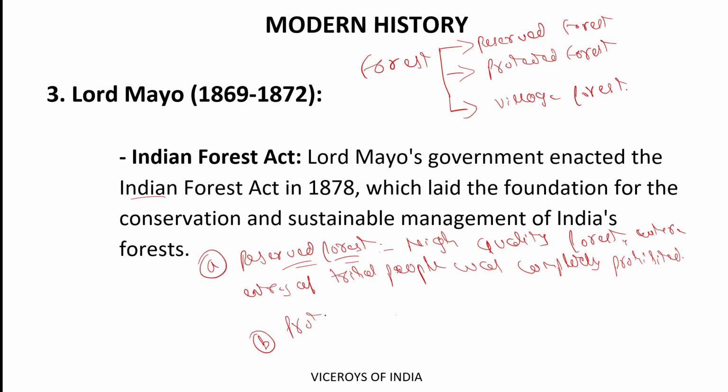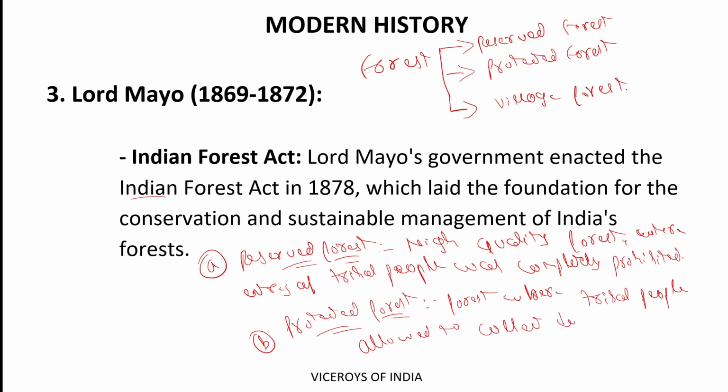Second one was protected forest, where tribal people were allowed to collect fuel woods, but with limitations.